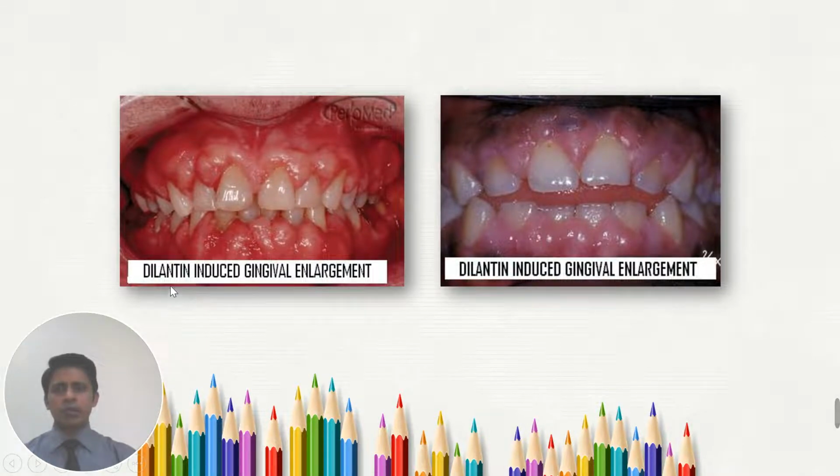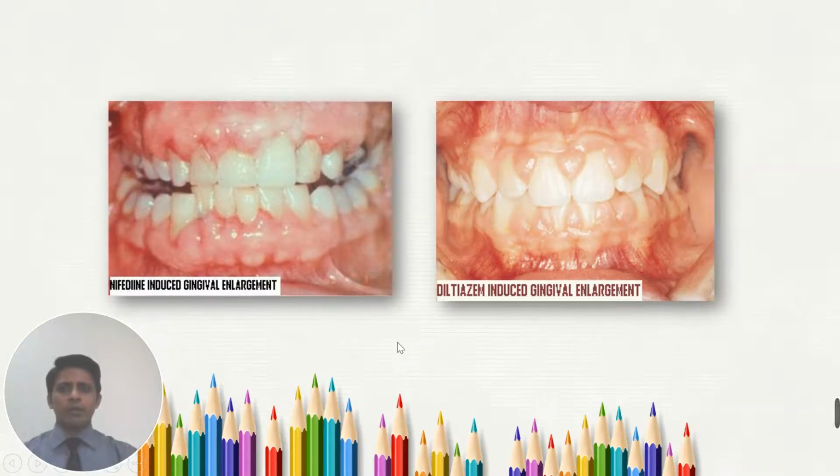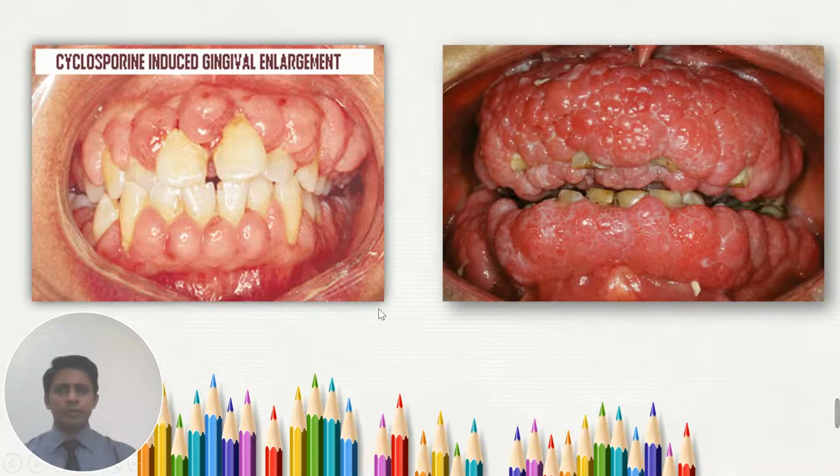These are the pictures of drug-induced gingival enlargement by various drugs. You can see Dilantin-induced gingival enlargement, nifedipine-induced gingival enlargement, diltiazem-induced gingival enlargement, cyclosporin-induced gingival enlargement, and this is a case of a combination of drugs like cyclosporin and amlodipine.